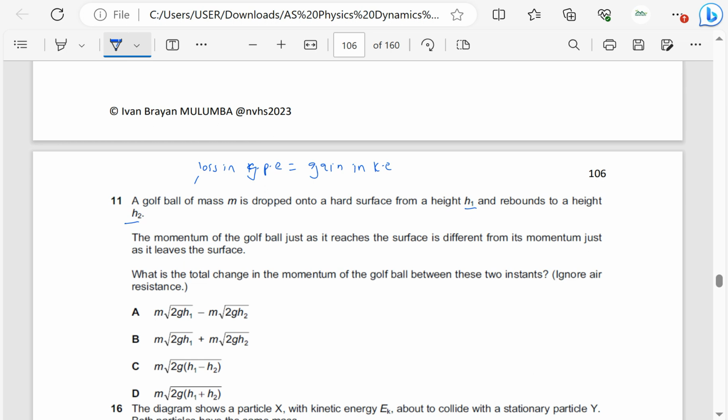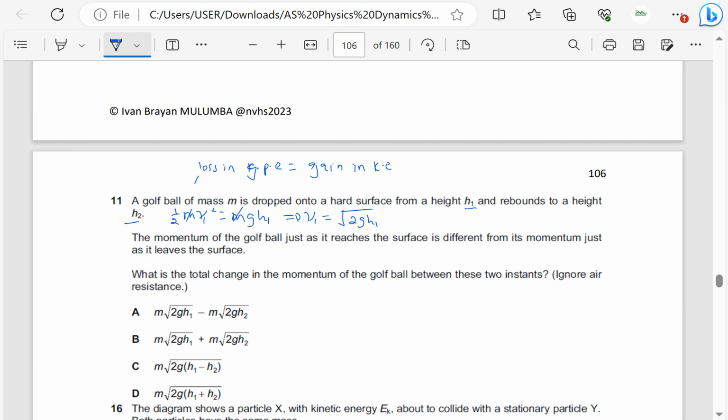So for the first case, I have 1/2 m v1 squared equal to m g h1. If I make v1 the subject, v1 is going to be equal to the square root of 2 g h1, since m cancels out.